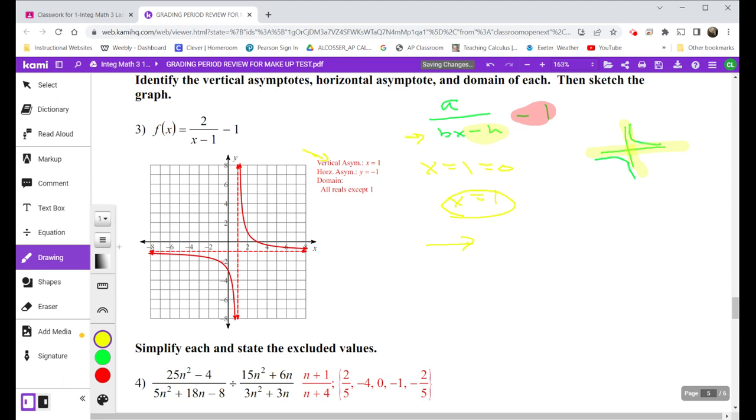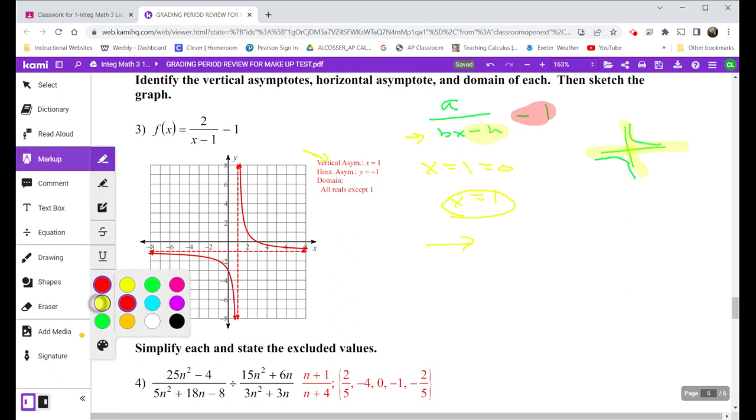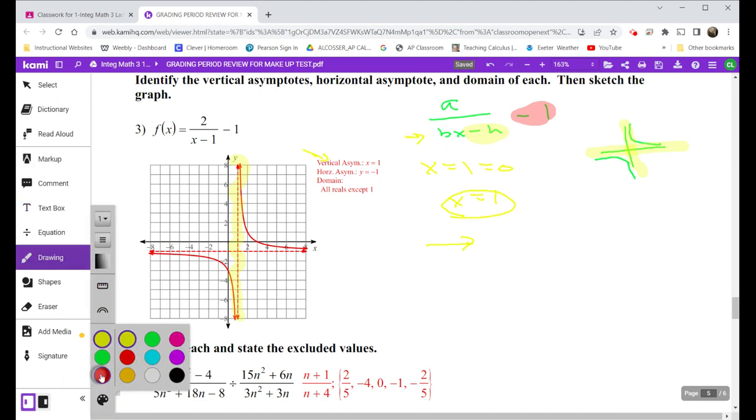And if you notice, we'll go back up here to this one. I have a vertical asymptote right here, this dotted line that goes down like that. And then I have, let's go to red, this one here, it just follows what it sees, so it's going to move down 1.